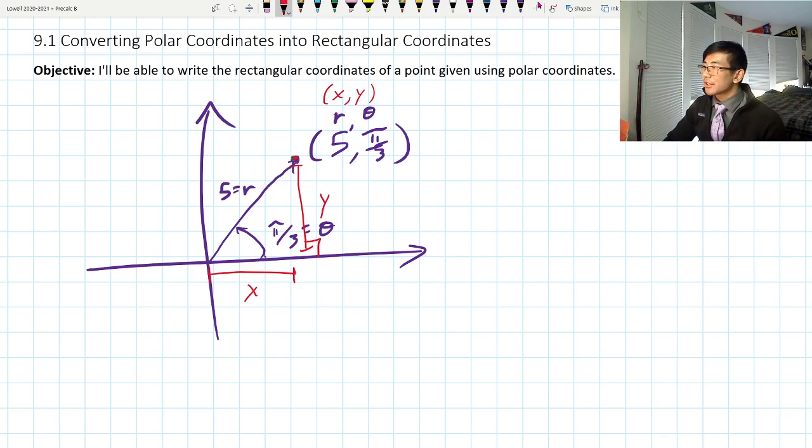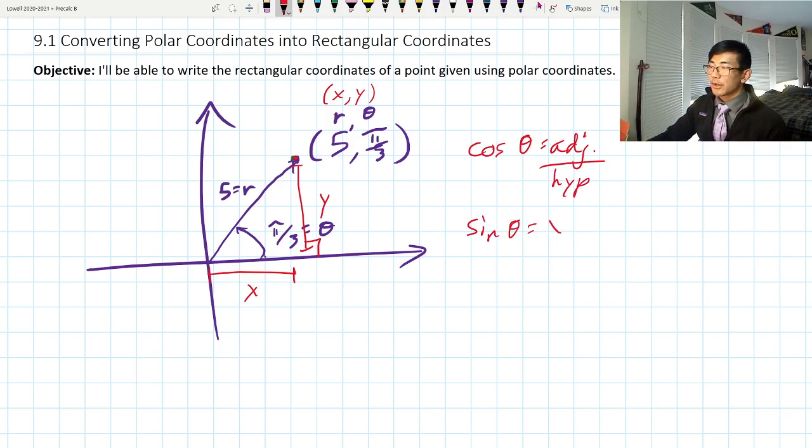Cosine of theta is equal to adjacent over hypotenuse, and sine of theta is equal to opposite over hypotenuse. And if we so needed to, tangent is opposite over adjacent.